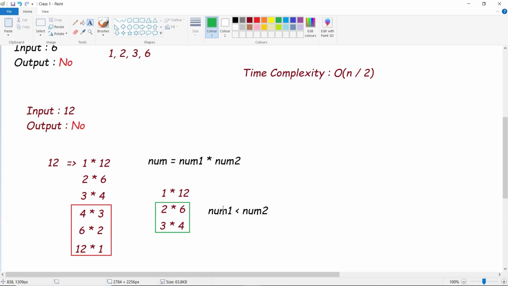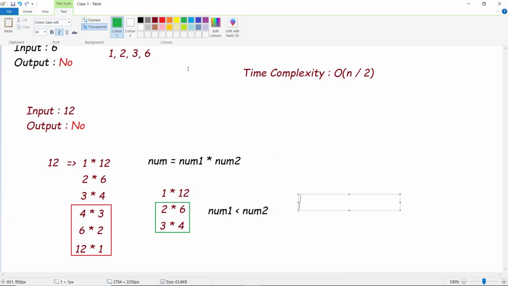So can I say that if either of these numbers is a factor, I can go only until the square root of my number? Let me add one point here. If my number 1 is smaller than number 2, I am assuming that the square of the first number would all the time be less than or equal to my number.